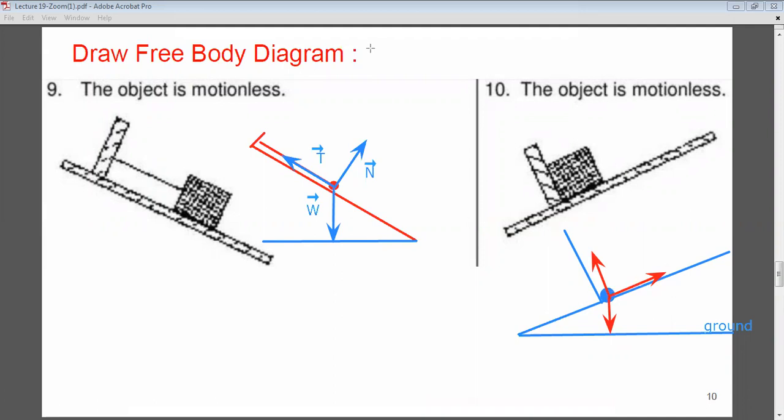Okay, so this is surface 1. This is surface 2. Okay, this is weight here. This is normal 1.